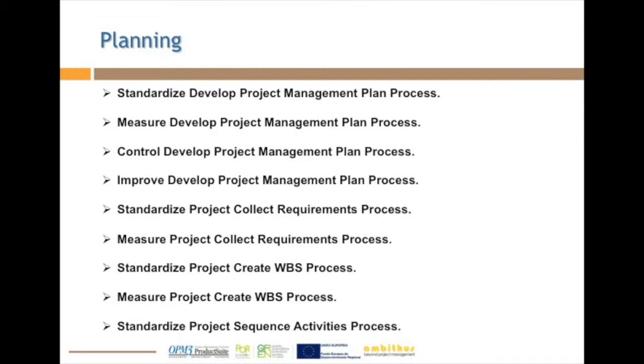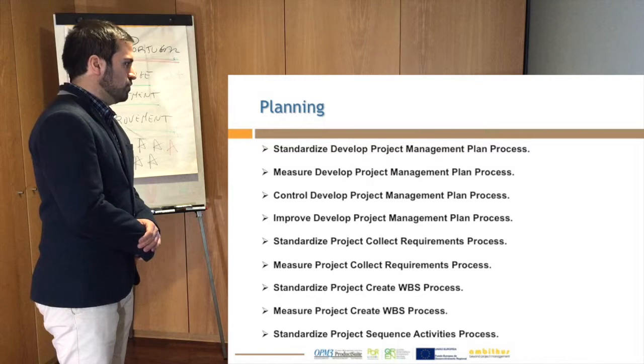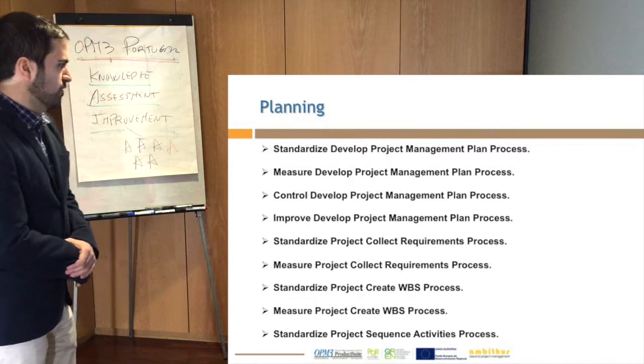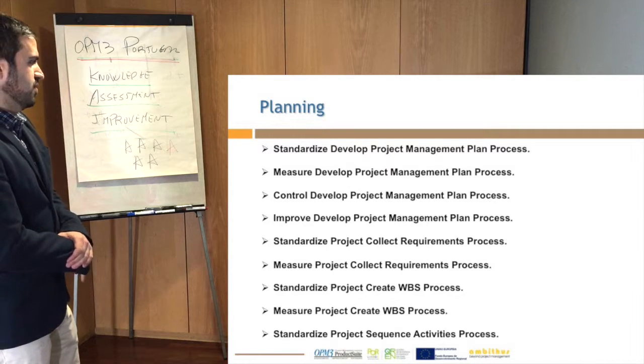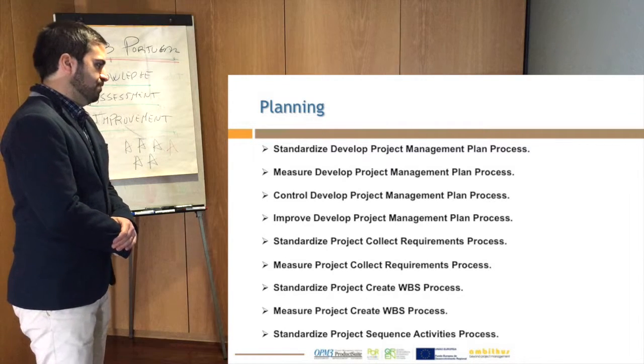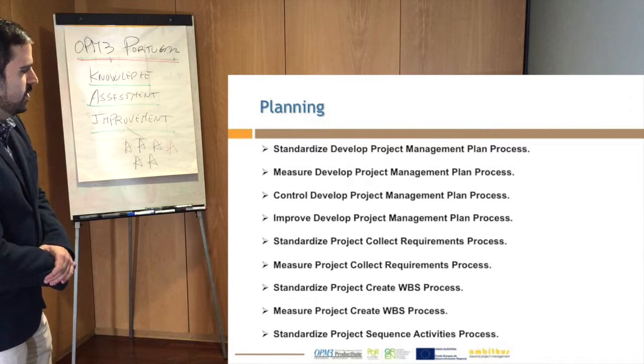At the planning stage, we also have the main process, which is the basis for all the planning, the project management plan. We recommend to standardize, measure, control, improve, so the full cycle of this process. For the collect requirements, we recommend to standardize and measure. For the WBS, also the same methodology.